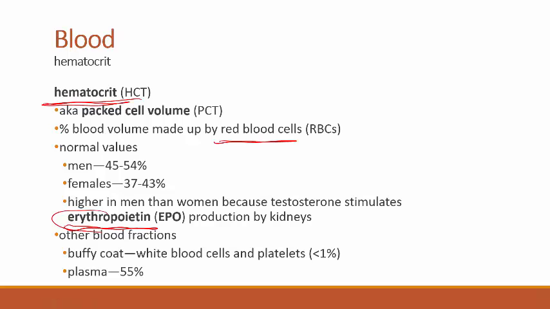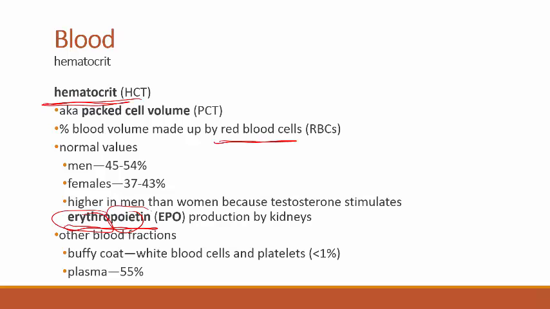Erythro, again meaning red, poiesis is production, so it's a hormone that stimulates red blood cell production. So because men have testosterone, our kidneys tend to produce more erythropoietin than the kidneys of women.